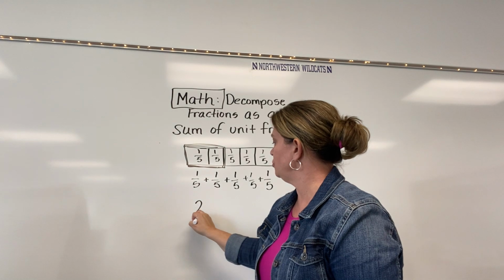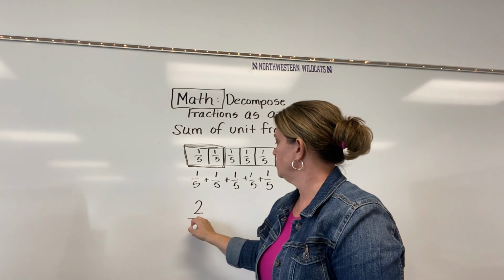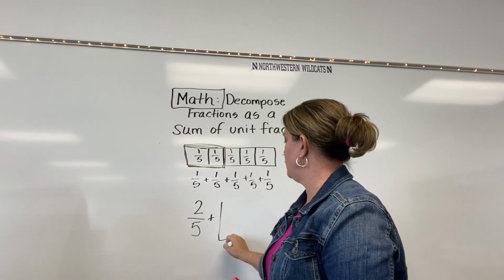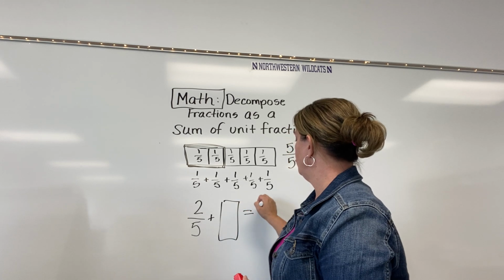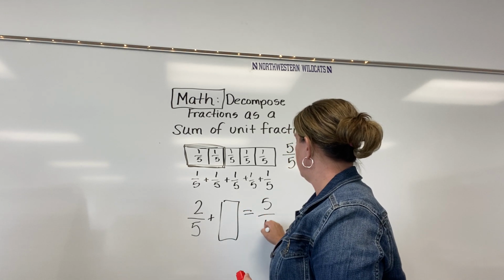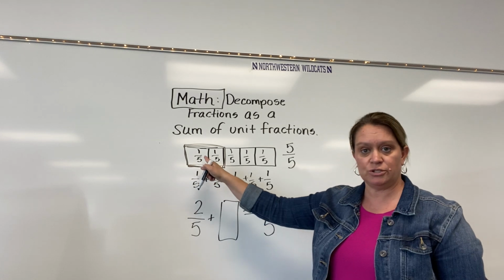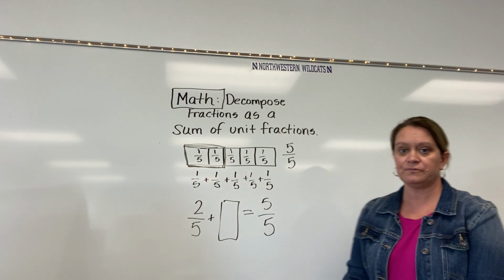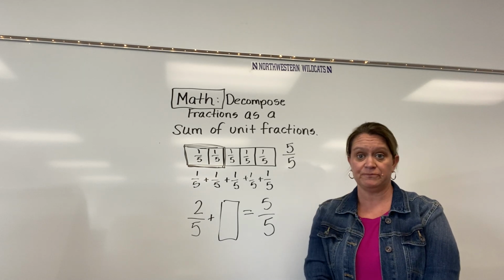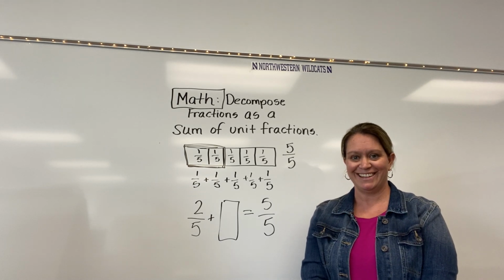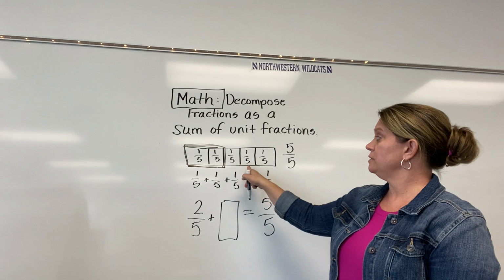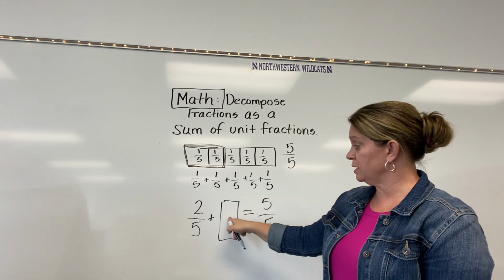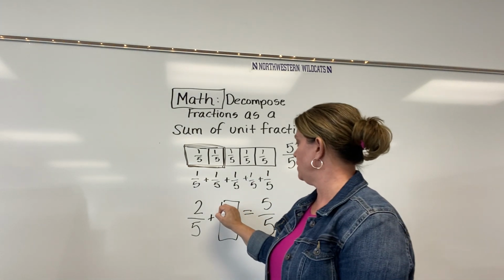So I have 2 fifths plus how many would give you 5 fifths? If I box off these 2 fifths, how many are left? 1, 2, 3. So what's going to go into your box? 3 fifths.